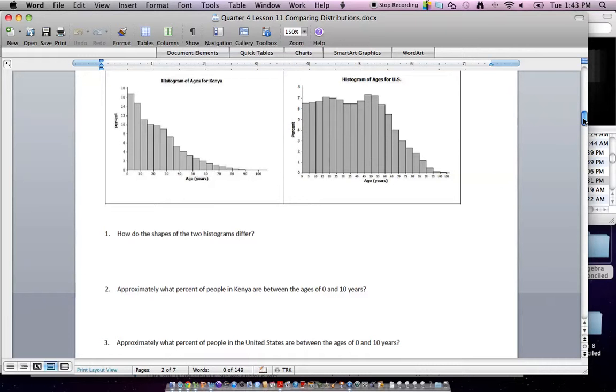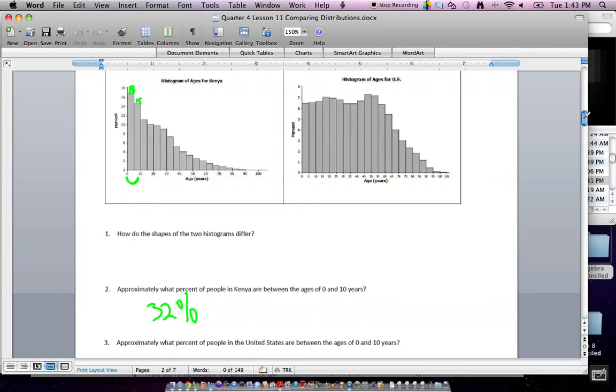Now, approximately what percent of the people in Kenya are between 0 and 10 years old? So here is 0 to 10 on our chart. This looks to me to be about 17%, and this one here looks to be about 15. So 17 and 15, I would say 32% in Kenya.